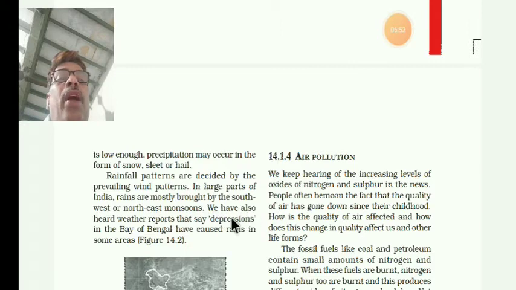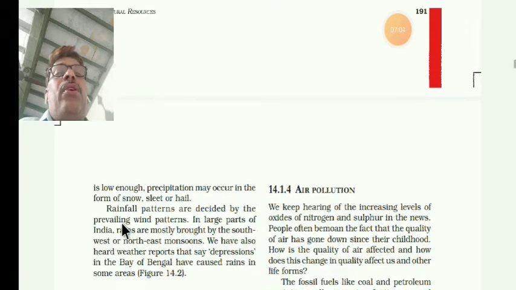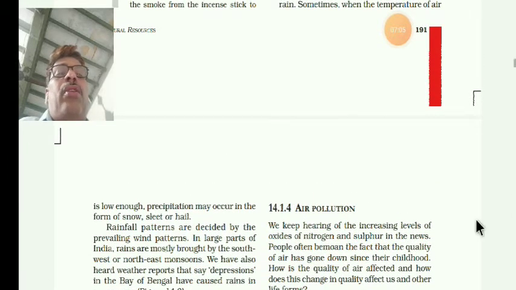We have also heard weather reports that say depressions, low pressure areas in the Bay of Bengal, have caused rains in some areas. Correct or not? So these are all caused by the prevailing wind patterns.